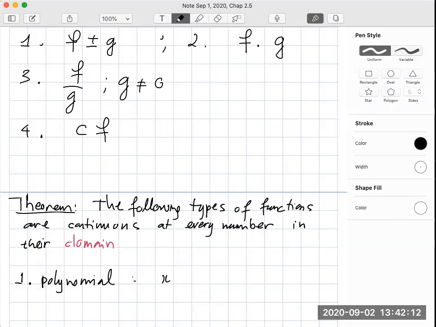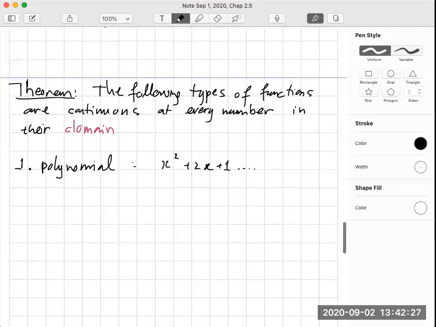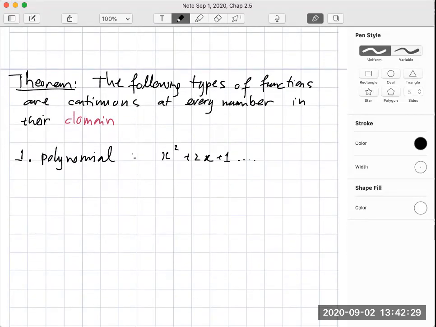Let's just pick one example. You know what it is. Because a polynomial is continuous on all of R, from negative infinity to infinity. So just memorize them. Two, rational function.